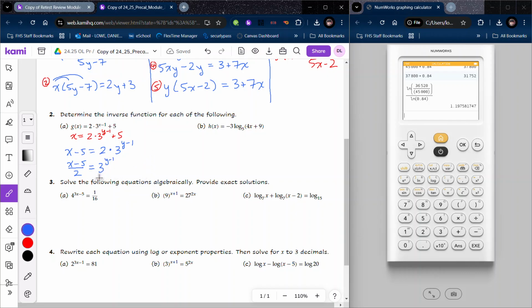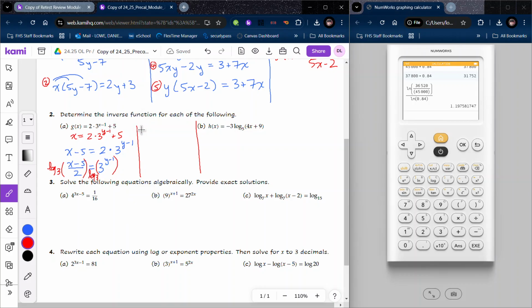Okay. Then how do I undo an exponential? I can work with the same base, so log base 3. But if I do it to one side, I need to do it to the other side. So I'm going to do log base 3 to both sides of this equation.